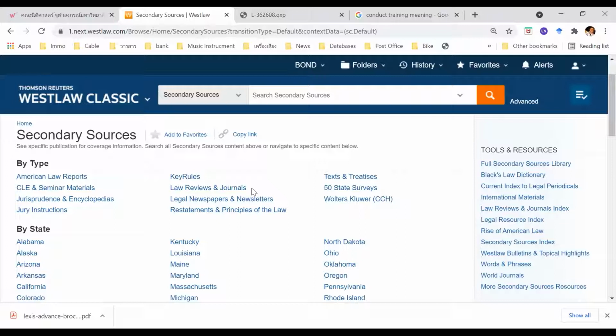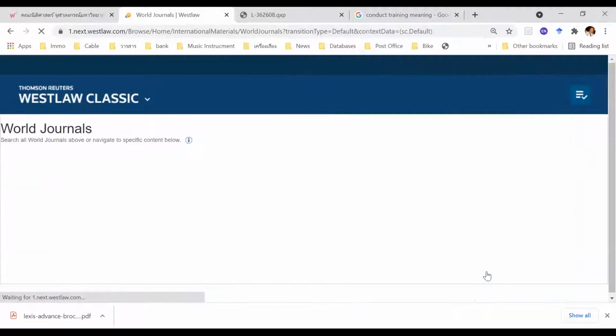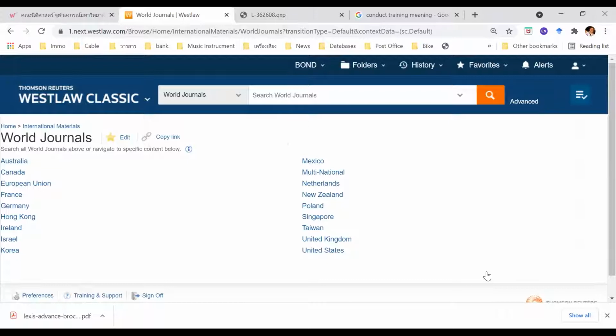Keep in mind that this is because it covers US law reviews and US journals. If you need UK journals or UK law reviews, come to World Journals. I select World Journals.